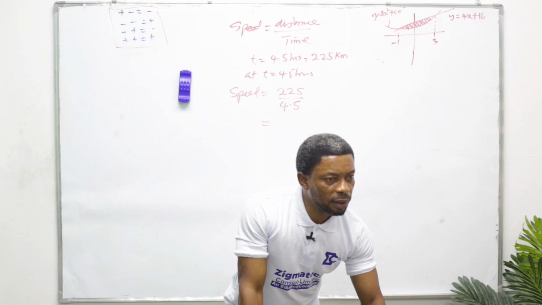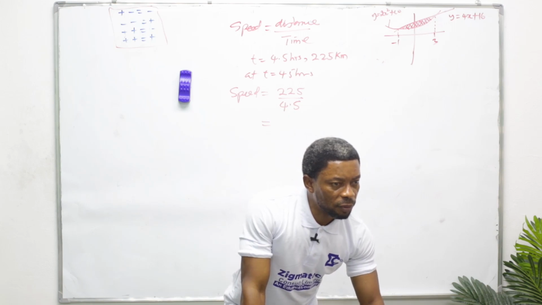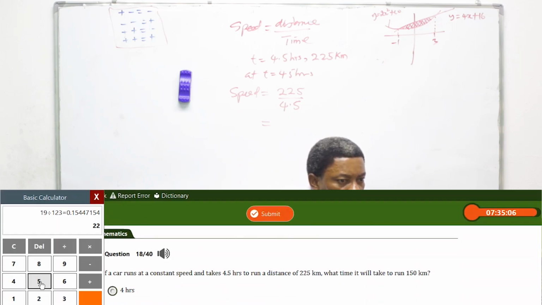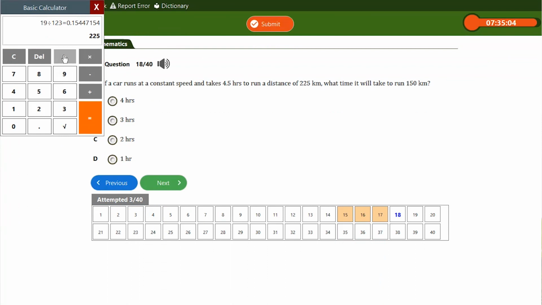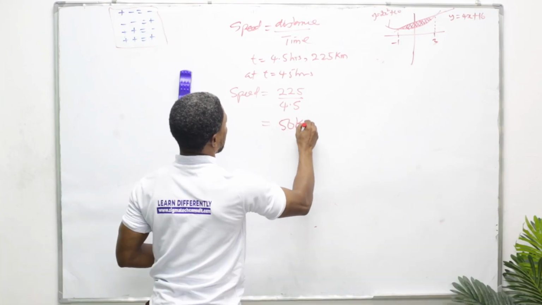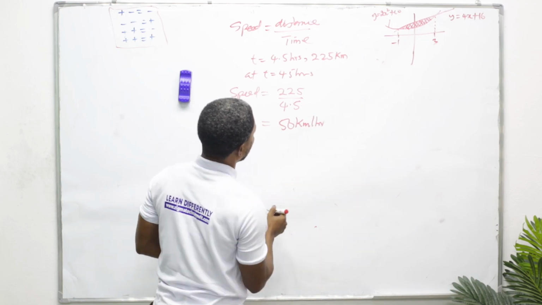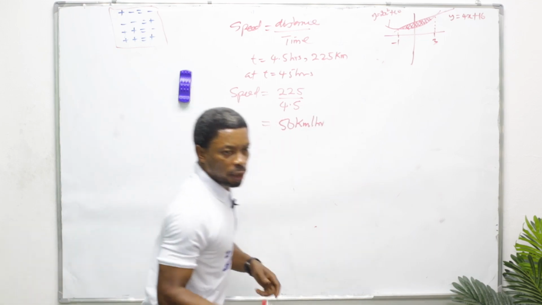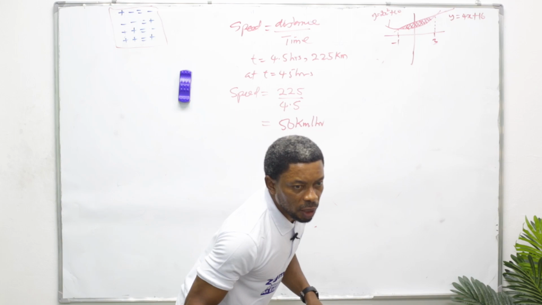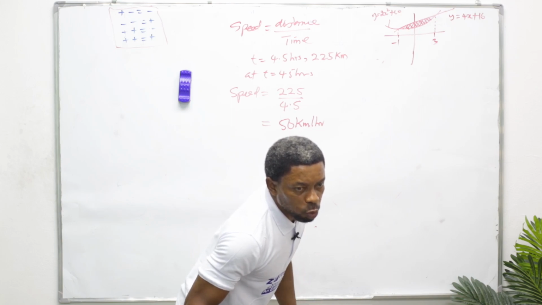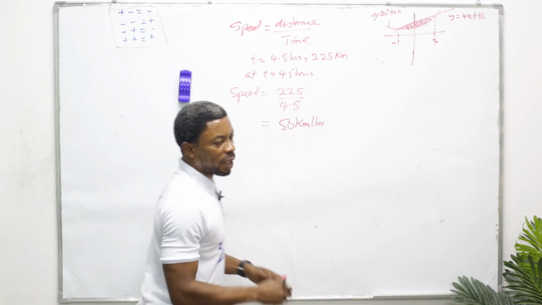So let's divide 225 divided by 4.5. Our speed is 50 kilometers per hour. Now, the question is, what time will it take to run another 150 kilometers?